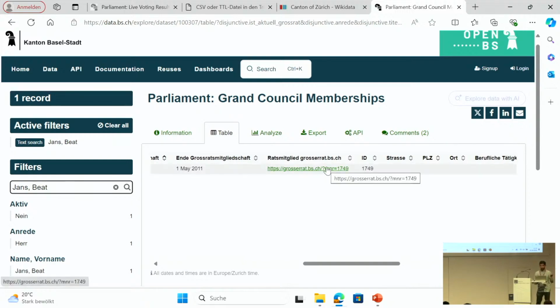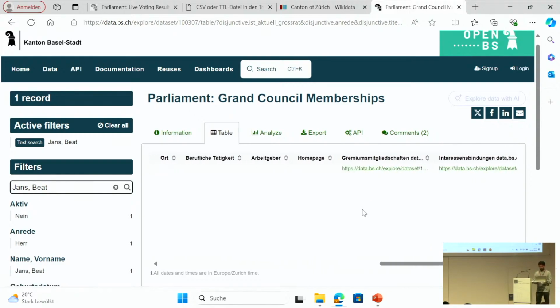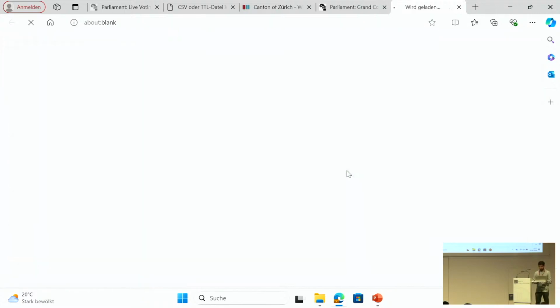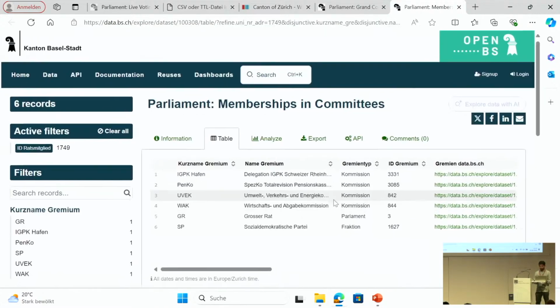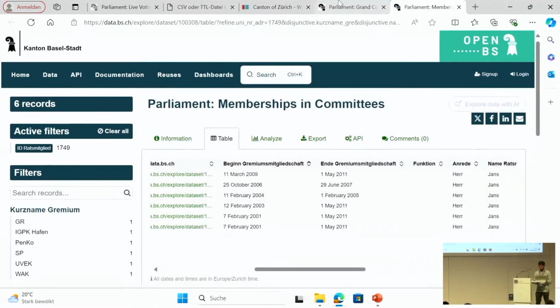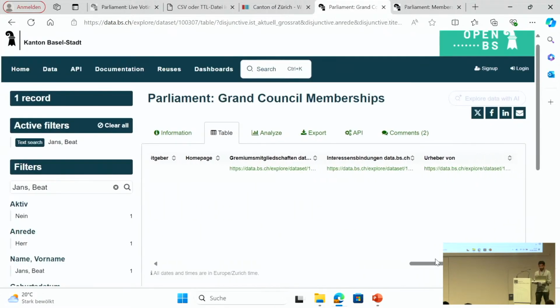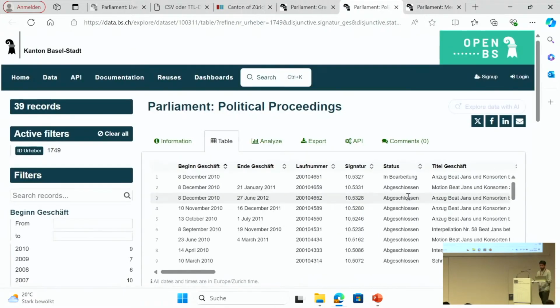So we can look at the page of the parliament, what they have published. And we can also see what committees he was in, just to see when he was in the parliament. And we can see what proceedings he published. So this might be most important.